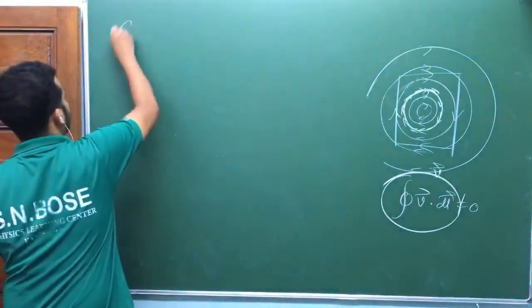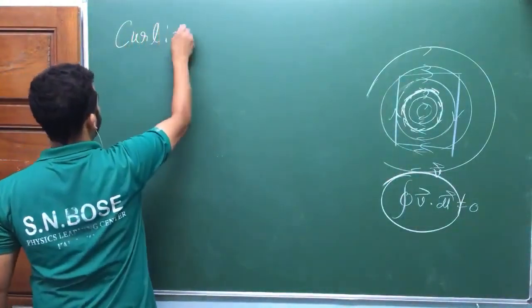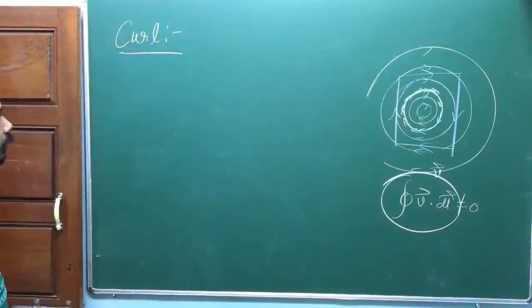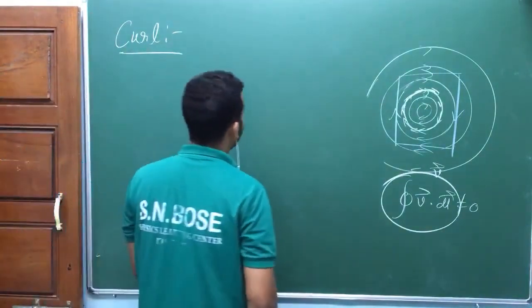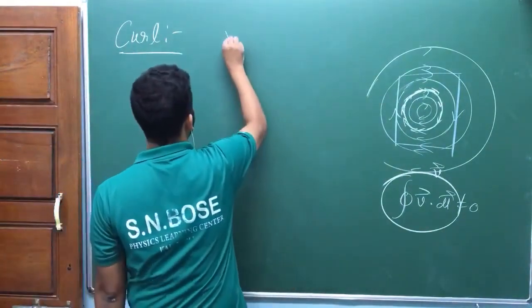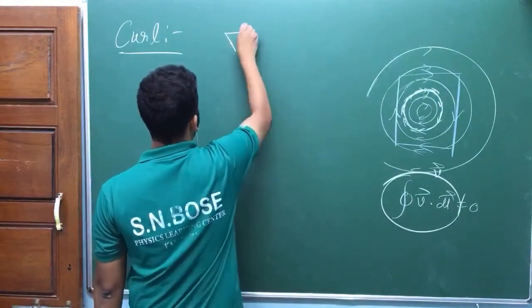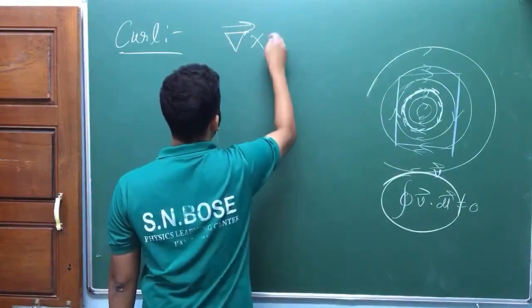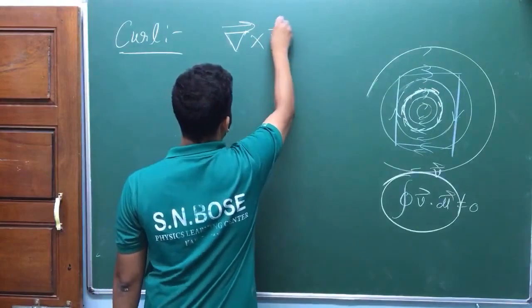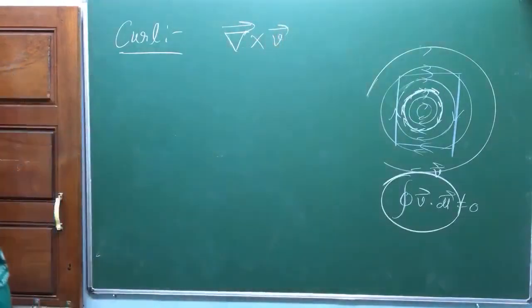Now, curl of a vector field is again a vector. It's an operation you can do using the del operator.